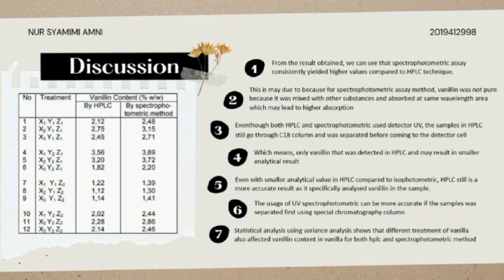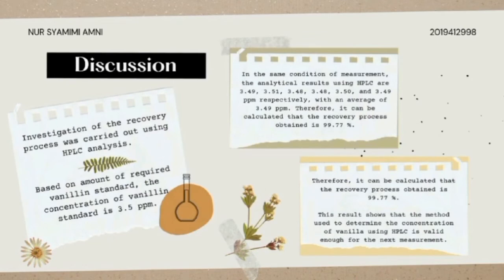Statistical analysis shows that different treatments of vanilla also affected vanillin content in vanilla for both HPLC and spectrophotometric methods. Investigation of the recovery process was carried out using HPLC analysis. Based on the amount of required vanillin standard, the concentration of vanillin standard is 3.5 ppm.